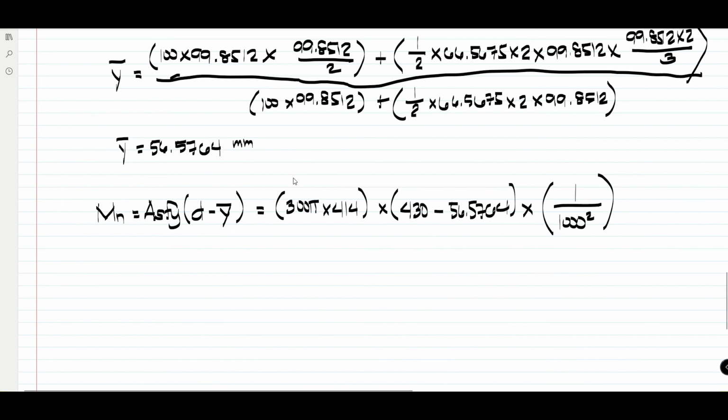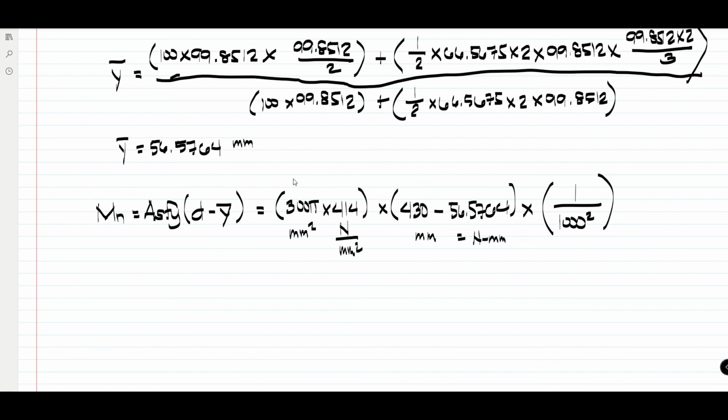Kasi remember, this units is in mm squared. Yung 414 dito, this is in megapascal, which is in newton per mm squared. Tapos, yung 430 and yung 56 is in mm. So, makikita nyo dito na ang lalabas na units dito is newton mm. So, ibig sabihin, para maging kilonewton meter yan, kailangan natin i-divide yan ng 1,000 squared.